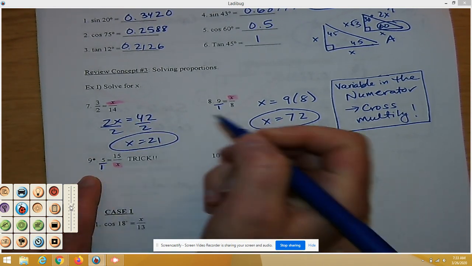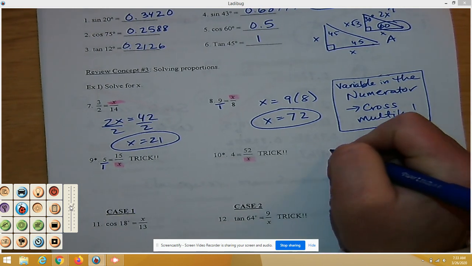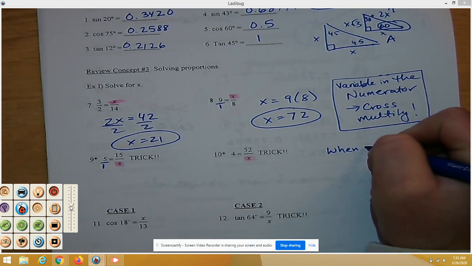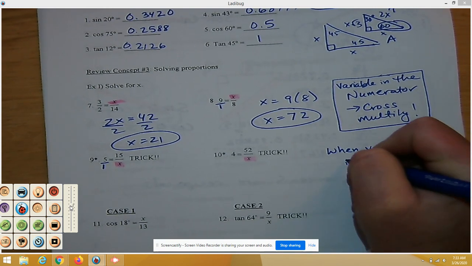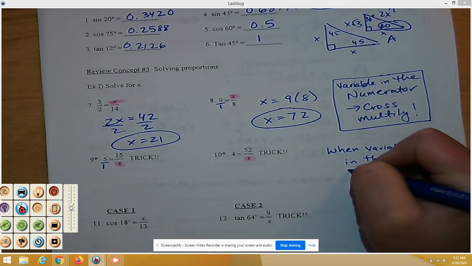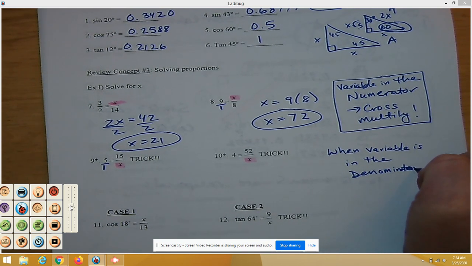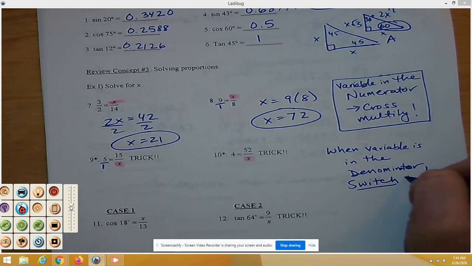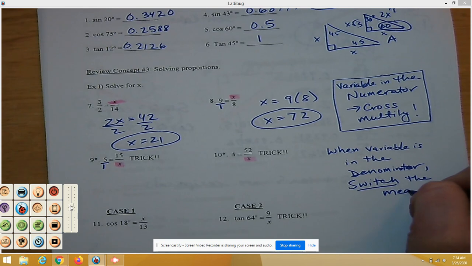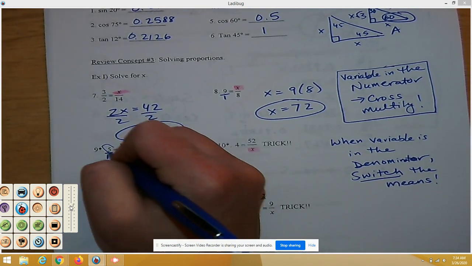So what I'd like you to do is when the variable's in the denominator, switch the means. When variable is in the denominator, switch the means. Okay, so what that means is these are going to be switched.